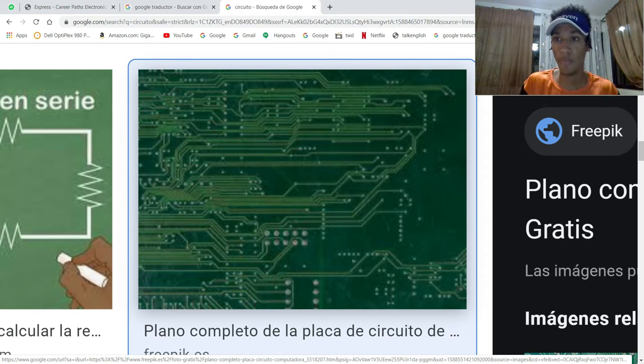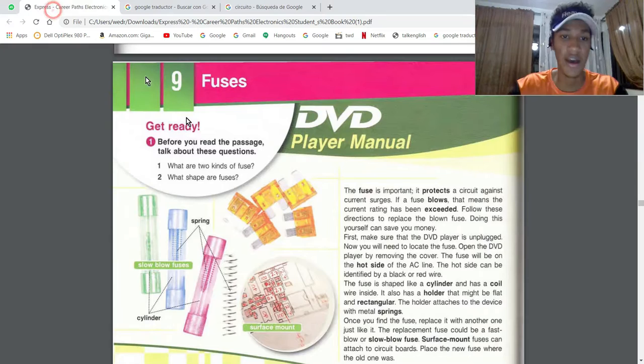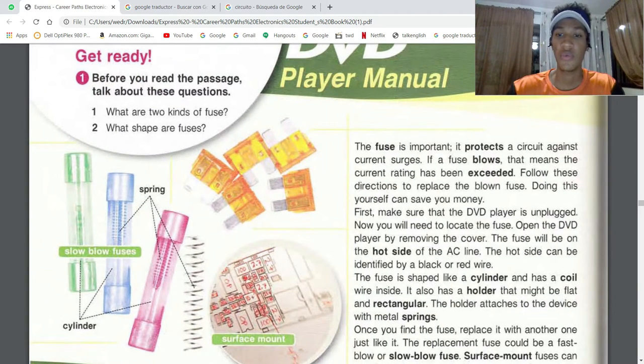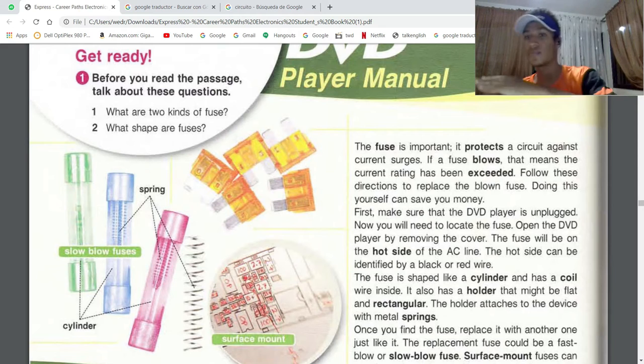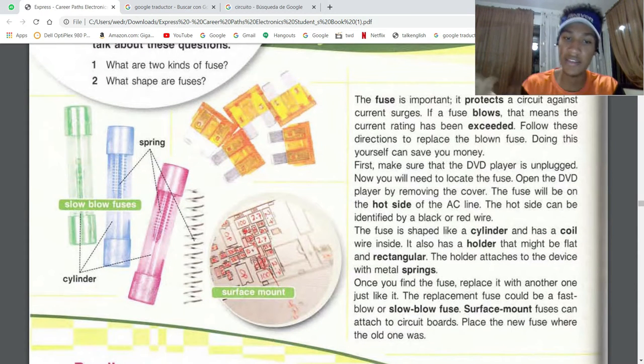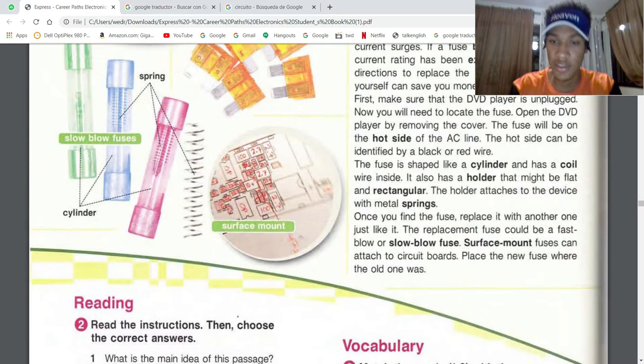The part burns, but not the entire circuit. Very simple. That is what the fuse does. It protects the circuit when the current is too high. Okay. You can replace the fuse very easily, so I put another.